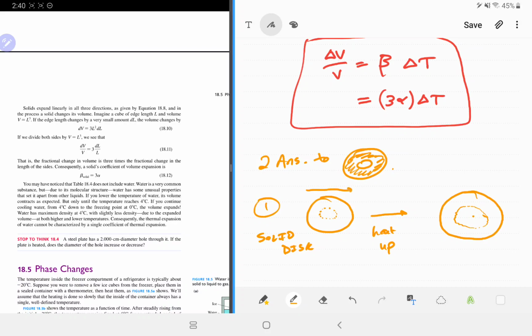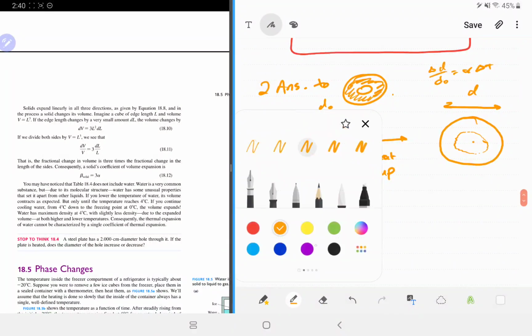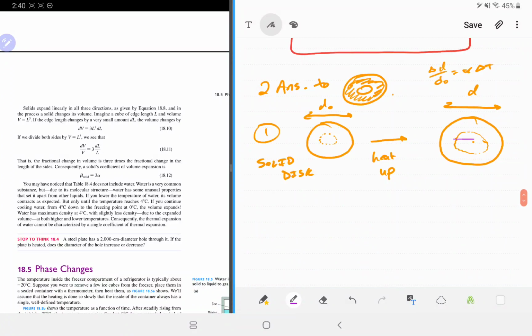So the diameter is going to increase by some fraction. If it has some initial diameter D naught, and this is the final diameter, then that's a length, and so delta D over D naught is equal to alpha delta T. The area of the whole disk is going to satisfy delta A over A equals, because it's areas, 2 times alpha delta T. That's true of the whole area, and also true of this area right here.